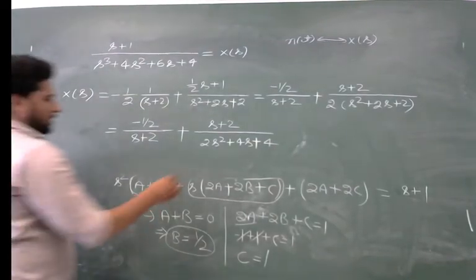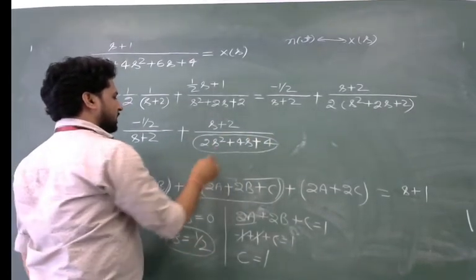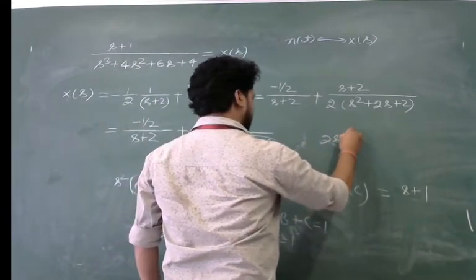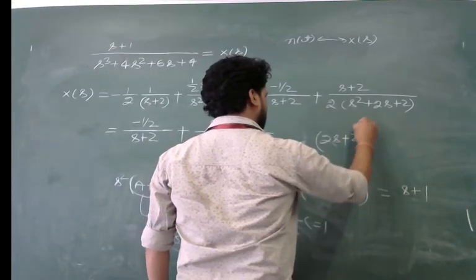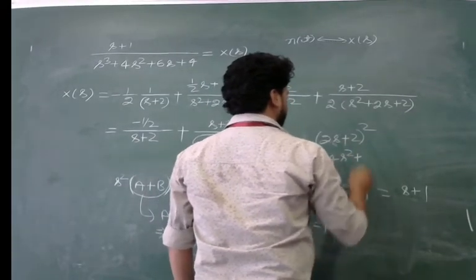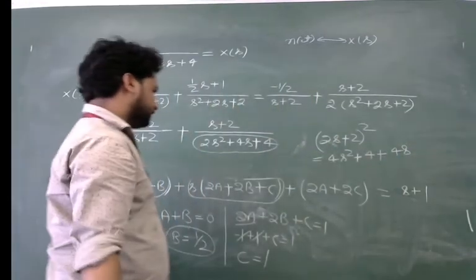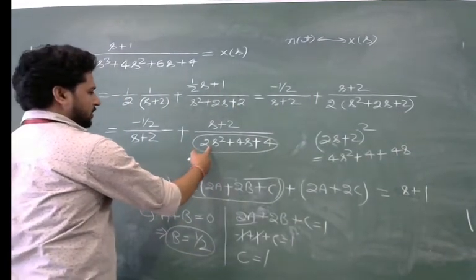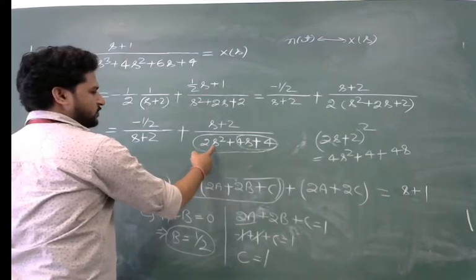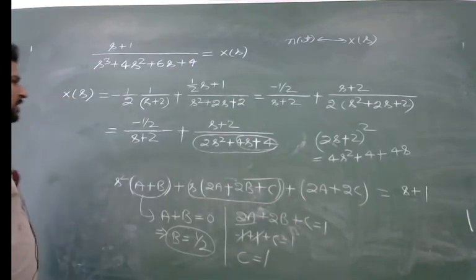This can be further written as 2s plus 2 whole square. If I put it as 2s plus 2 whole square, this will become 4s square plus 4 plus 4s, but by comparison with 4s plus 4 here, it is only 2s square. What we need is, if this becomes 4s square, it becomes the square of 2s plus 2.